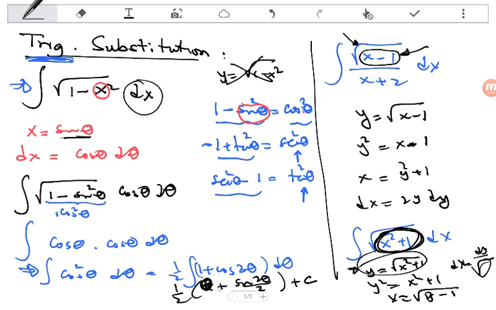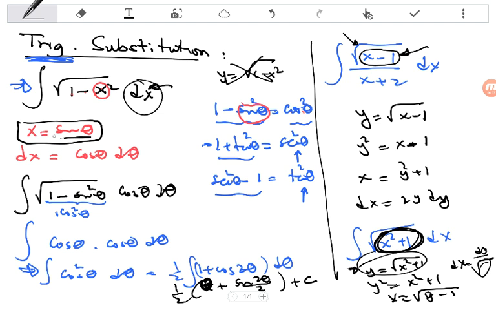We just need one remaining step, which is to return the result to be in terms of x, which is the original variable of the integral. We have to make it x instead of theta. How would I make it? How should we make it to be in terms of x? This is by this substitution.